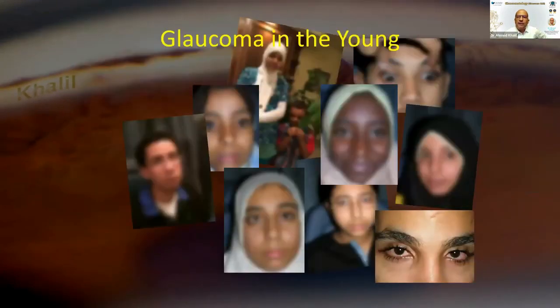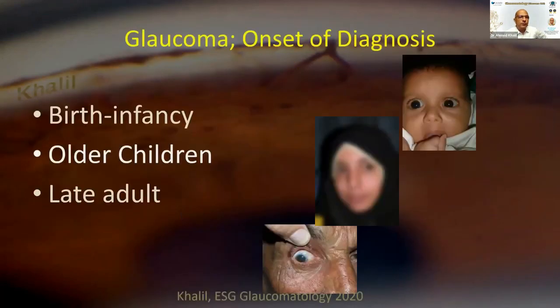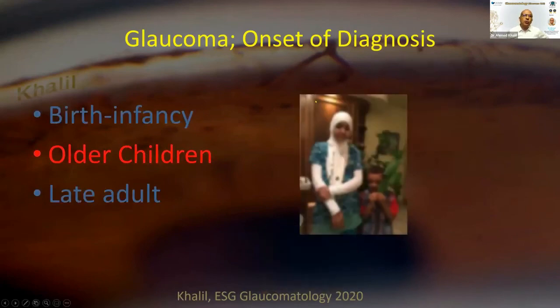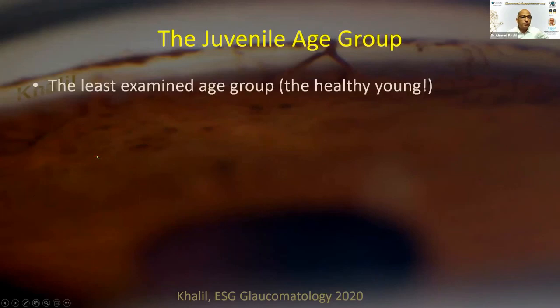So glaucoma in this age group: all these are pictures of actual patients who presented in the teenage group. When we talk about glaucoma, we know birth and infancy, and we know late adult. Birth and infancy we diagnose; this has been the subject of our webinar and episode today. Late adult, we measure intraocular pressure for the elderly. But older children are the least examined age group regarding the IOP.